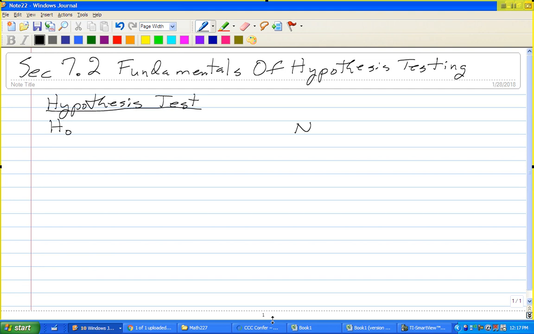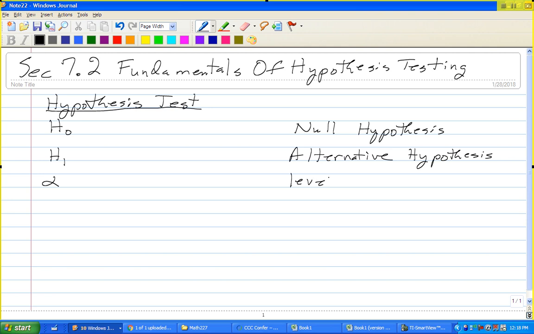Okay, so the hypothesis test will consist of the null hypothesis, the alternative hypothesis, and a level of significance.